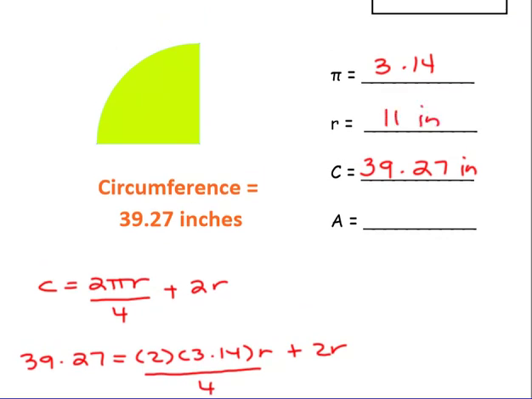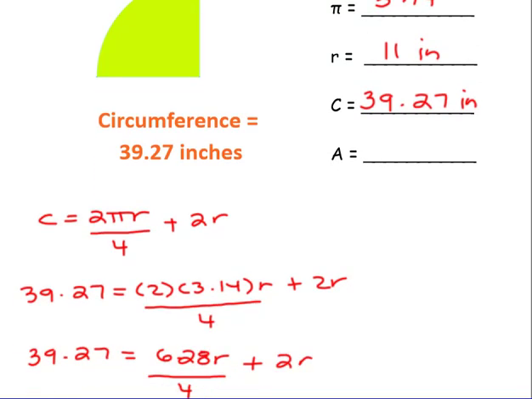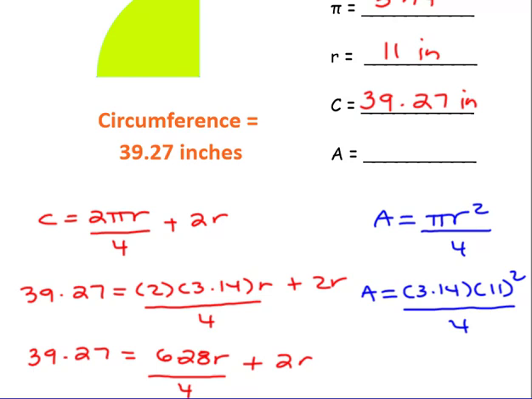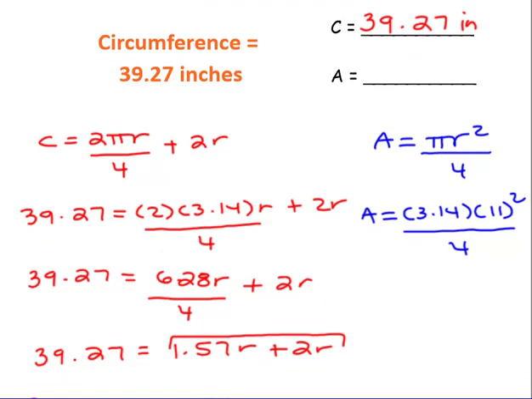Now I'm going to calculate my area based on that. So area equals pi r squared divided by 4 because it's a quarter circle. So area equals 3.14 times 11 squared divided by 4. Area equals 3.14. 11 squared is 121, divided by 4.